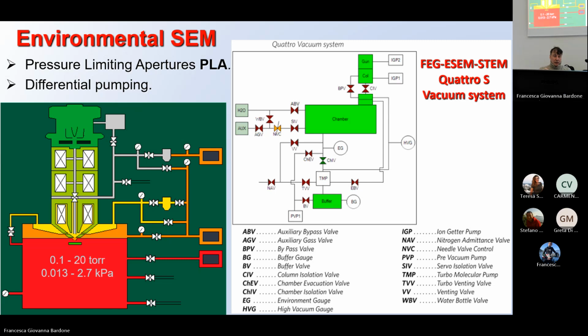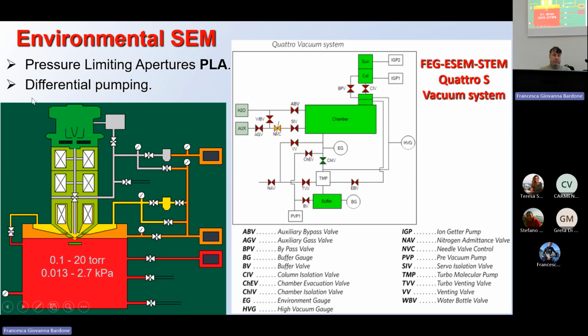The difference is only in the vacuum system and the way the vacuum is applied to the microscope. I use this picture in which with different colors, I depicted different zones which are at different pressure.